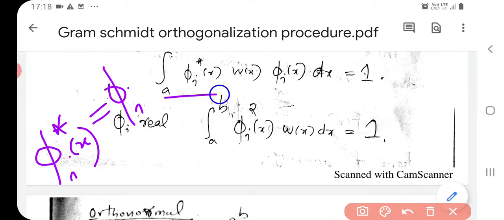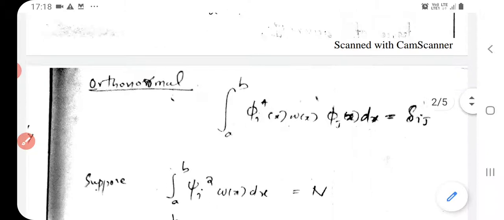So this equation can be written as the integral from a to b of phi a square w of x dx equal to 1. So if the inner product of a function with itself is equal to 1, we say that function is normalized.